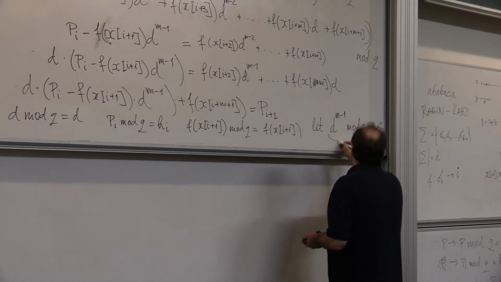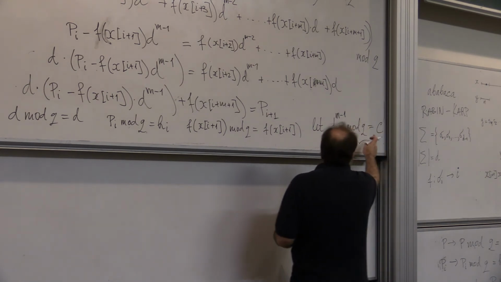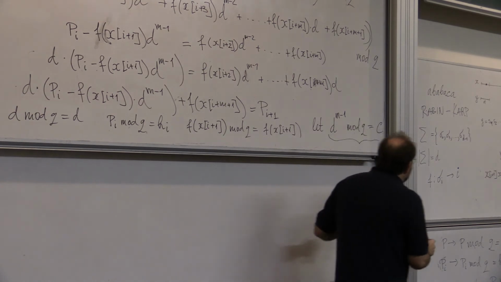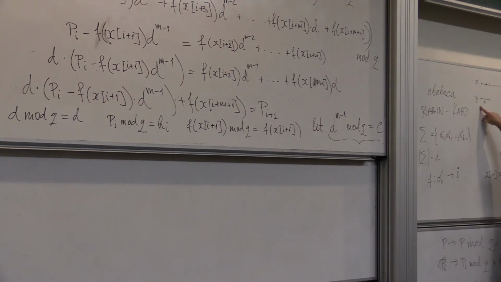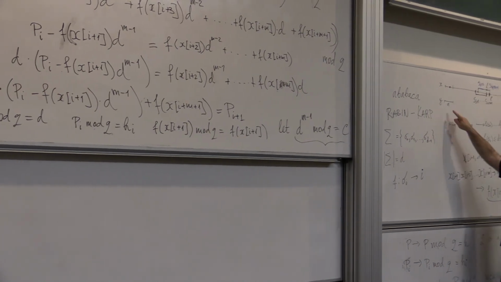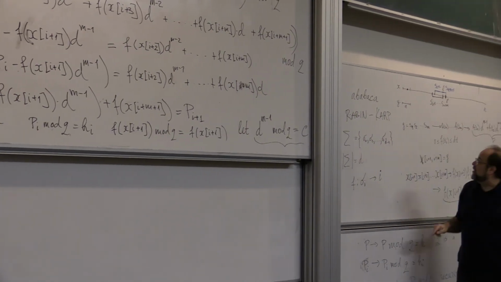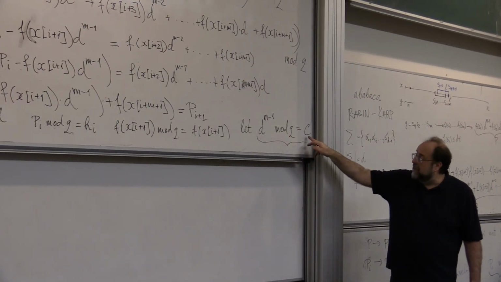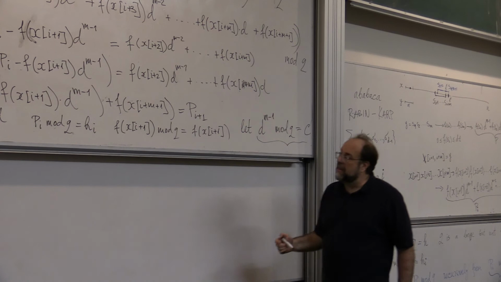So c is much smaller than d to the power m, because m is the number of symbols here, and that can be quite large. So when we mod it with q, it will collapse to something much smaller.